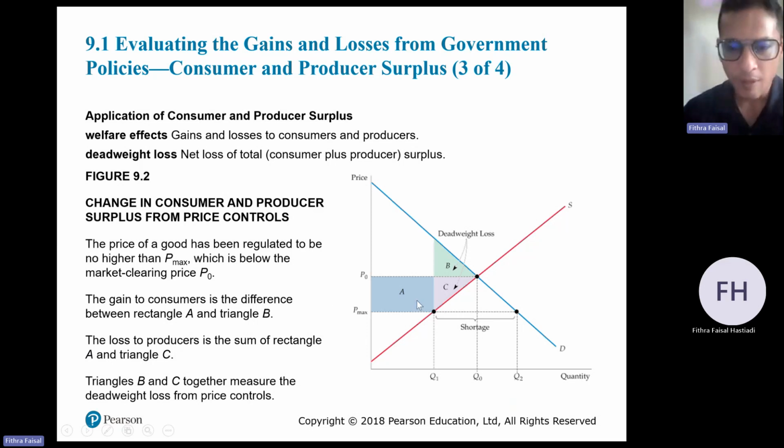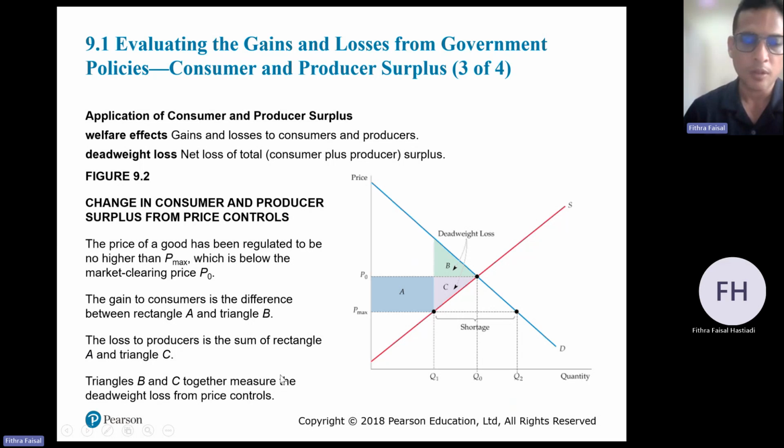And then, hypothetically speaking, we have the gain for the consumers, the difference between rectangle A and triangle B. The rectangle A over here, because you reduce the price, but at the expense of triangle B. Why? Because now the producers can only produce up to Q1.